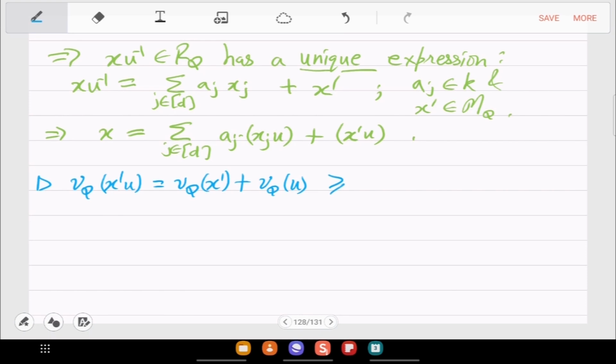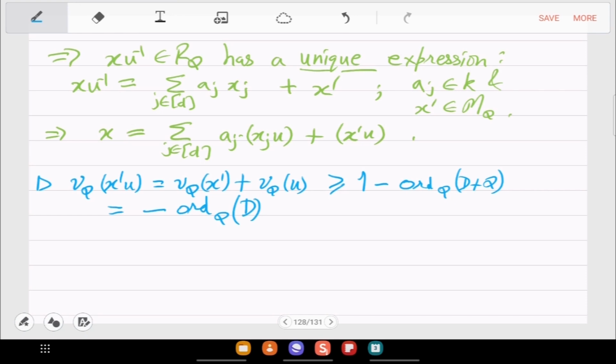Now, what is the valuation of x prime? x prime is in the maximal ideal, so it's at least 1. And u is by construction this, which is equal to minus order of q d.